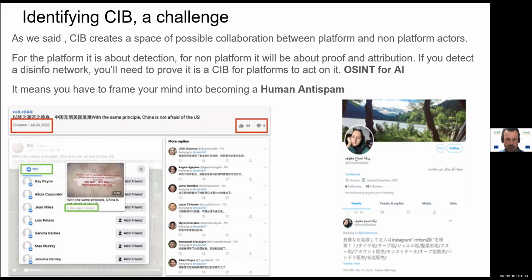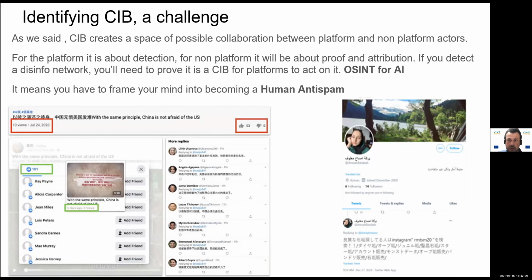What you can see here on the screenshot on the left is one of the criteria we use in the CIB detection tree. We call it inauthentic metrics. You can see here that a video having more shares than views, or more likes than views, is a good indicator of inauthentic metrics.